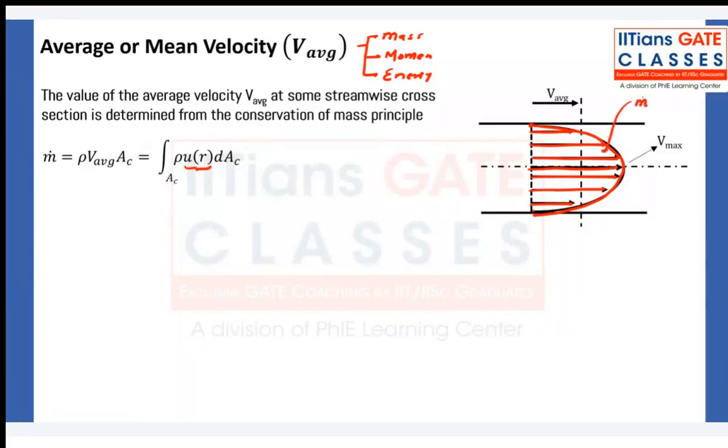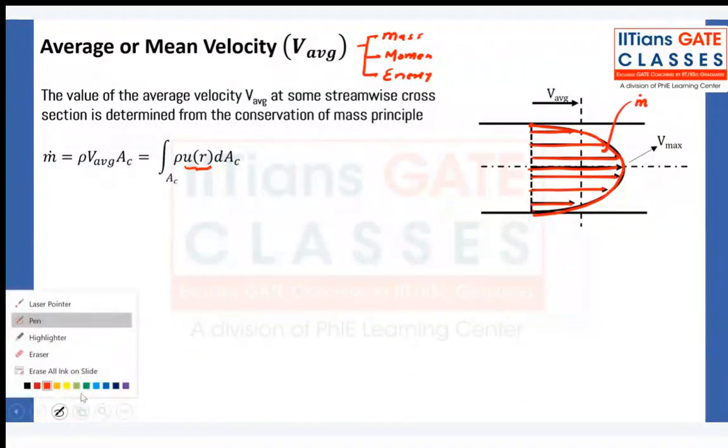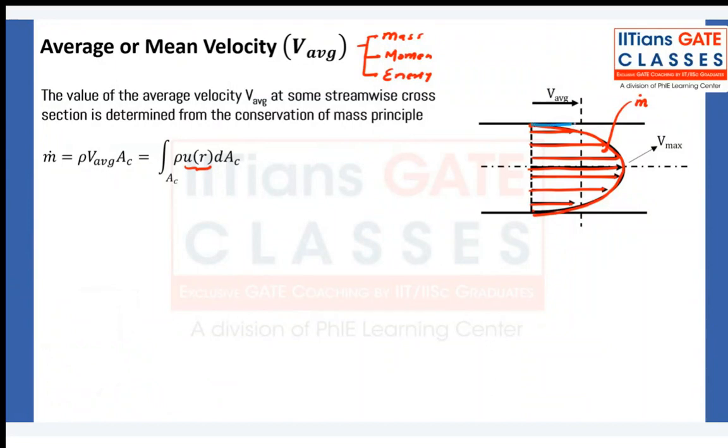If I take a similar mass in this area, but now my velocity is the average velocity. In this particular area, the velocity of the fluid is V average. How do I know it is V average? Because I'm going to equate the masses.